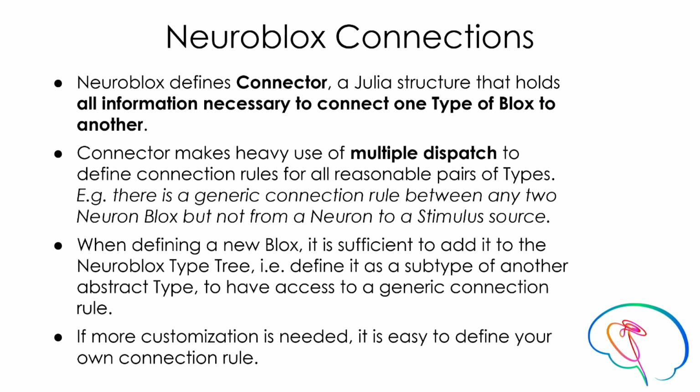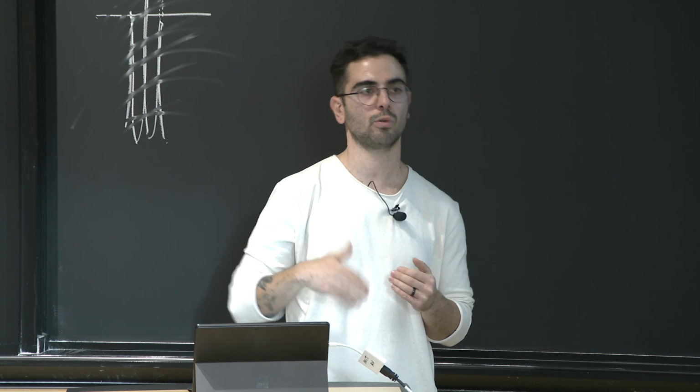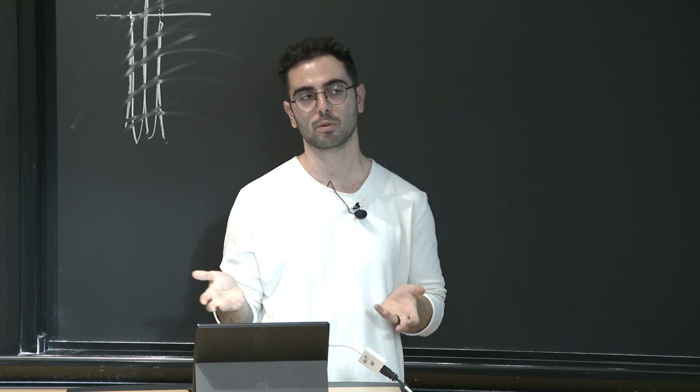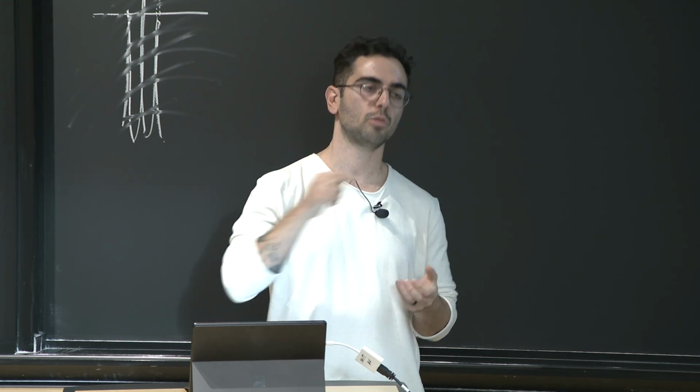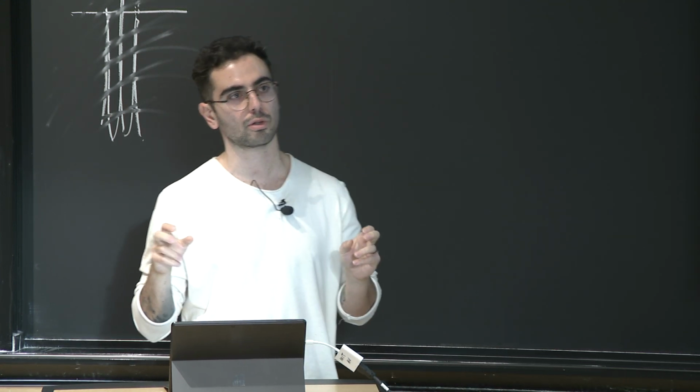Now, when you define a new Blox, most of the time, in fact, it's enough if you subtype it as something. For instance, you define a neuron model and you subtype that as neuron, or a neural mass as neural mass block. And that is enough for it to fall under some connection rule. So even if you don't define your own connection rule and you only define a custom Blox, you should be able to interface with other Bloxes, because we have some generic connection rules.